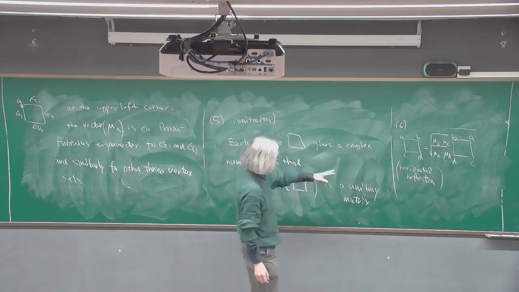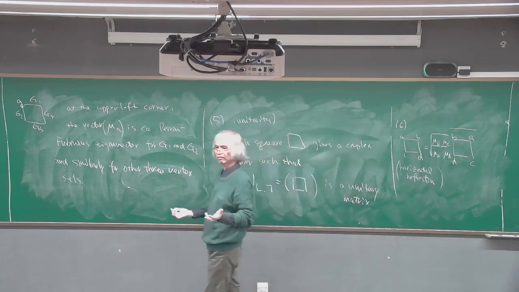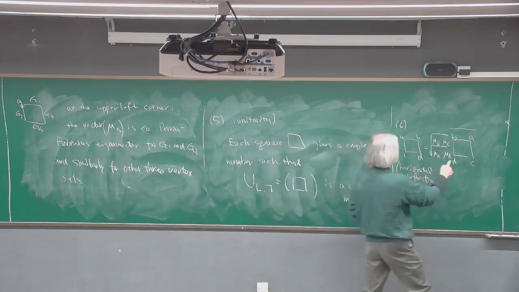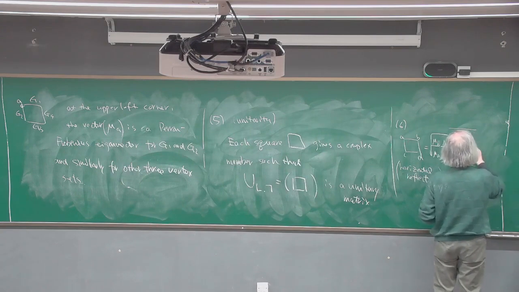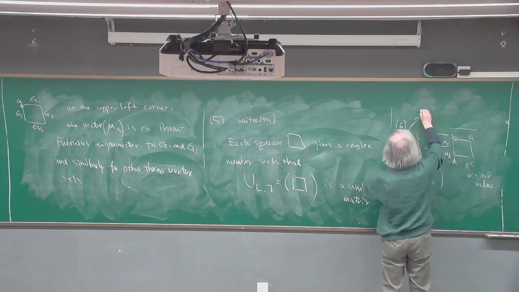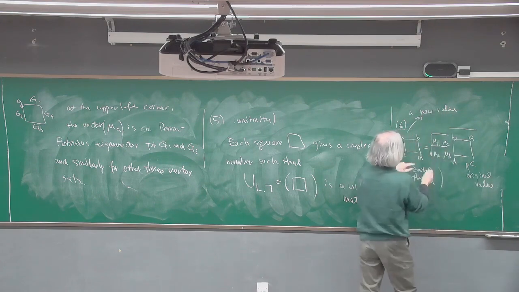This is a new square which is of a different type from the original one. We make a reflection. Then this is the original thing, and this is a new value. So this is a definition.